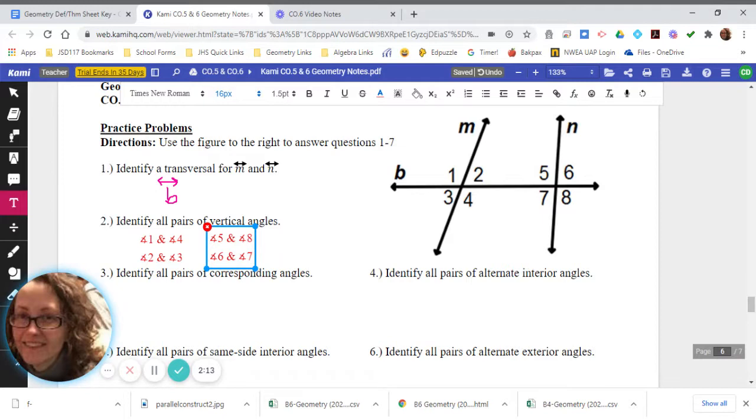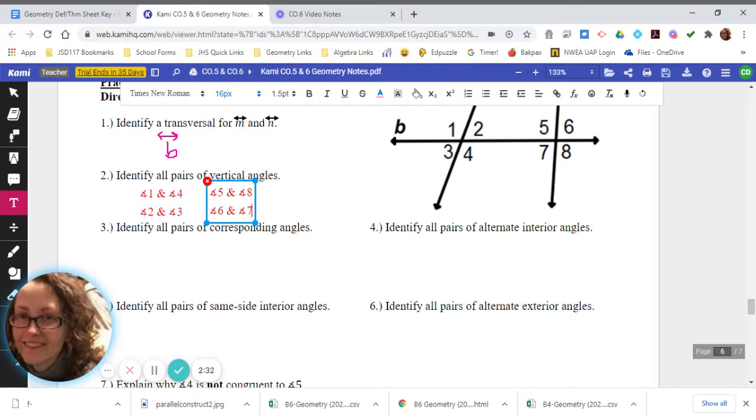So in the previous video, I went over one example of each of these in the diagram that I had, but there are 4 sets of vertical angles that appear when I have 2 lines and a transversal.